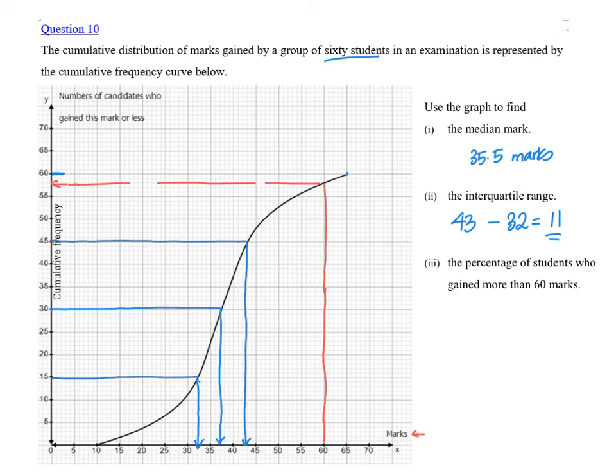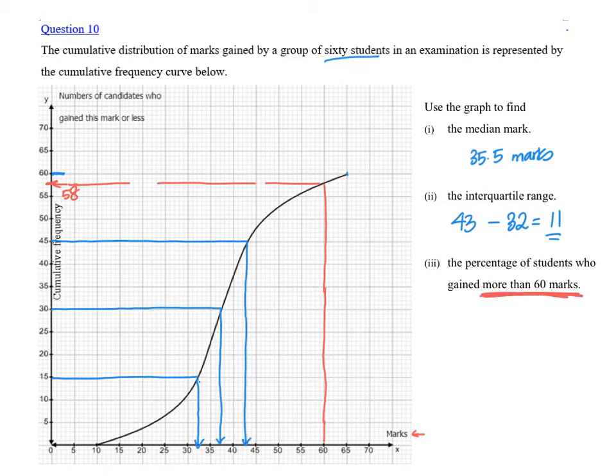Okay, the number of students who have less than or equals to 60 marks is given to be 56, 57, 58. Okay, but I want to have more than 60 marks.